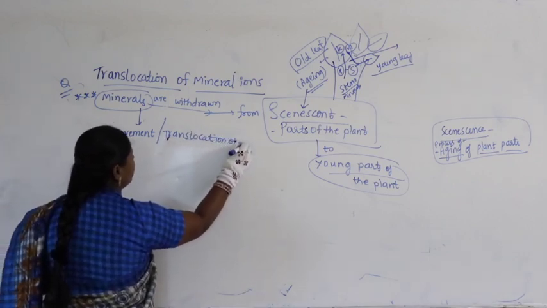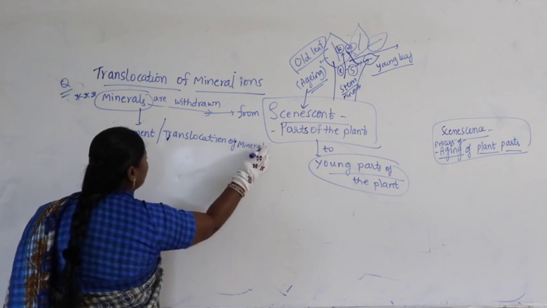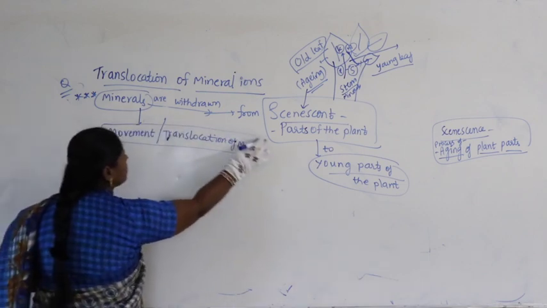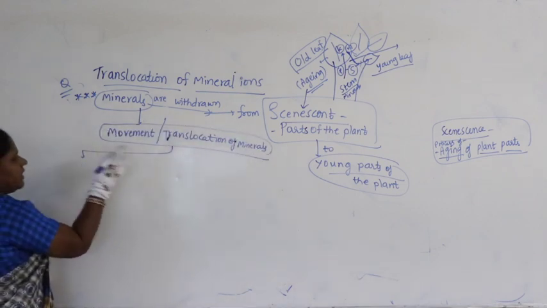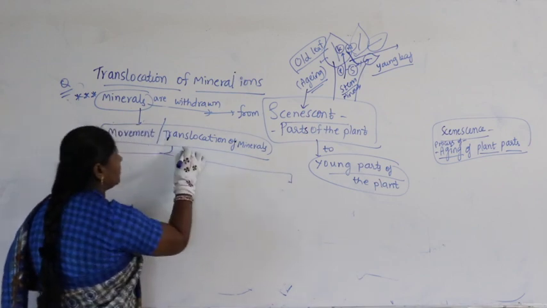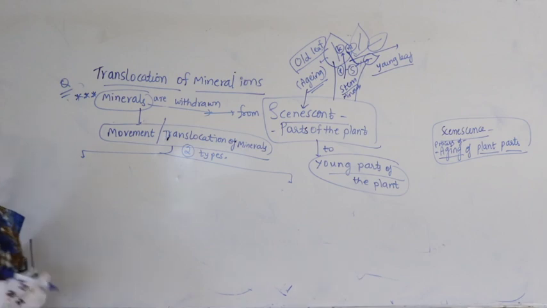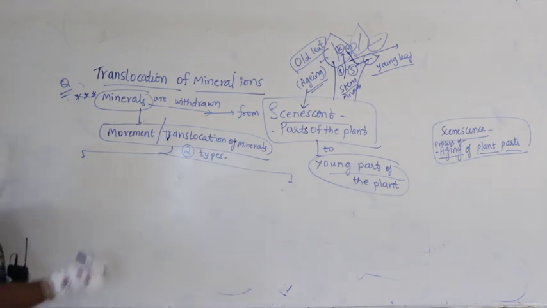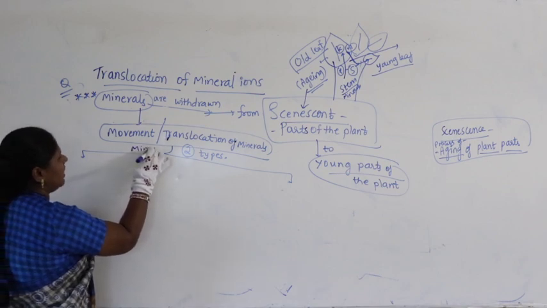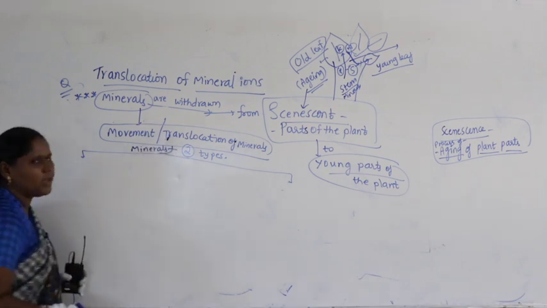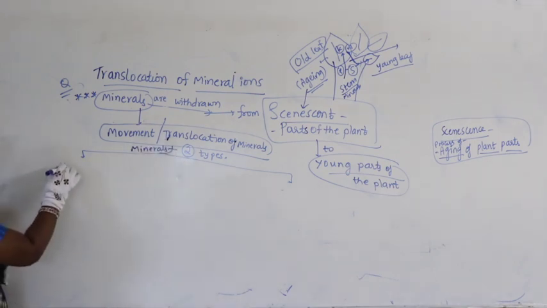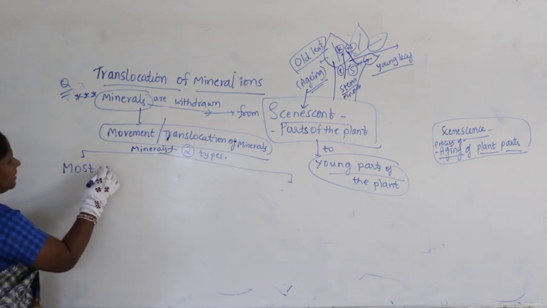When you look at this movement of minerals or translocation of minerals, again we classify into two categories. The minerals are classified into two types, or the translocation of minerals is of two types. With this we know already, minerals are classified into two types. What are they?